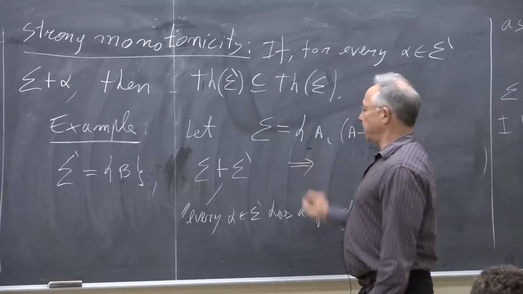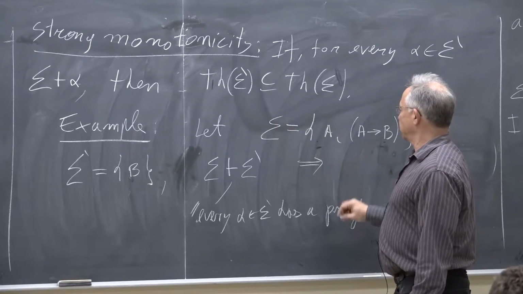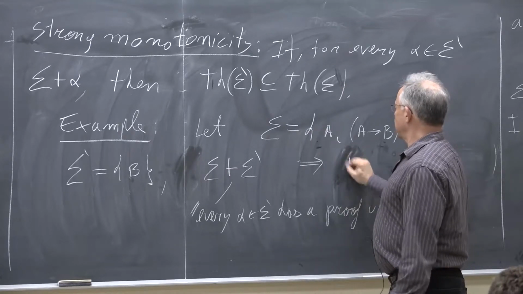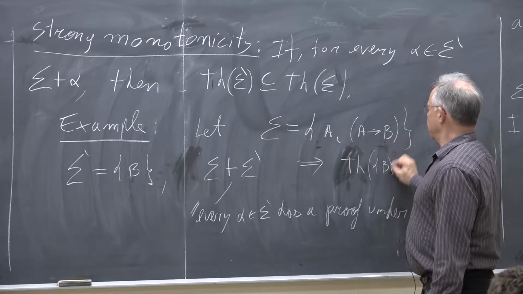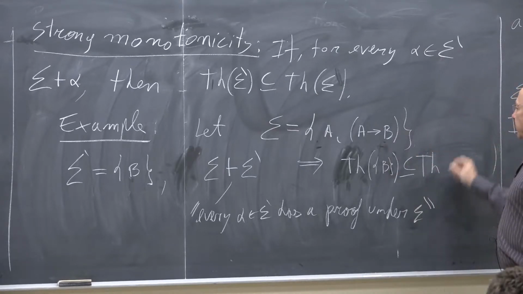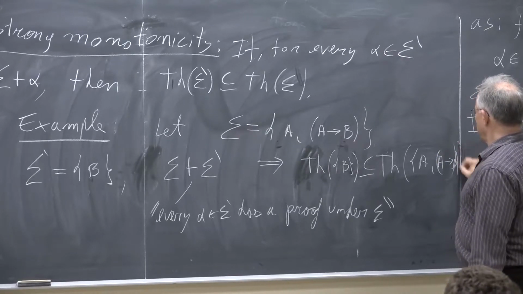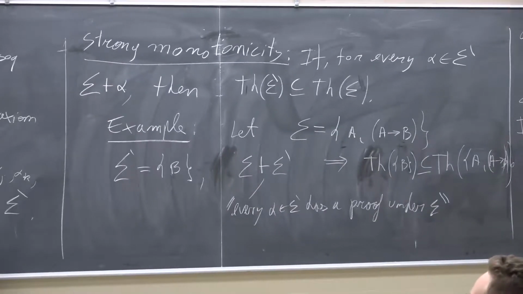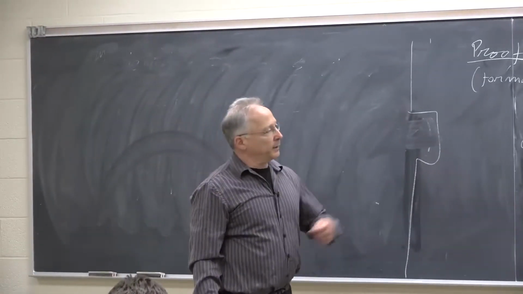And the theorem says this implies that the theorems that I can draw from the set B are a subset of the theorems that I can draw from the set A and A arrows B. So sigma here is stronger than sigma prime, not by inclusion, but by being able to prove everything in sigma prime.